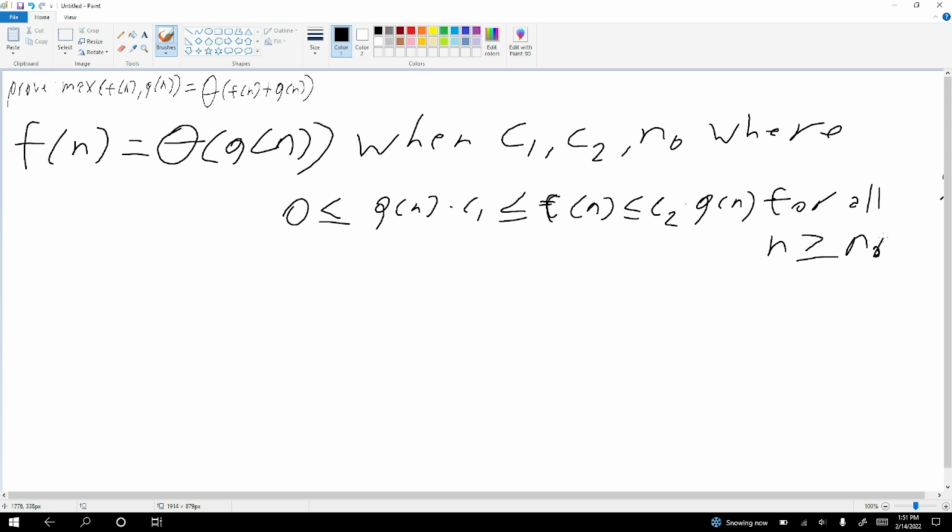All right, so that's our definition for theta. We just need three values, C1, C2, n0, where if you multiply g of n by C1, it's less than f of n, and if you multiply C2 by g of n, it's more than f of n, for all n greater than or equal to n0.